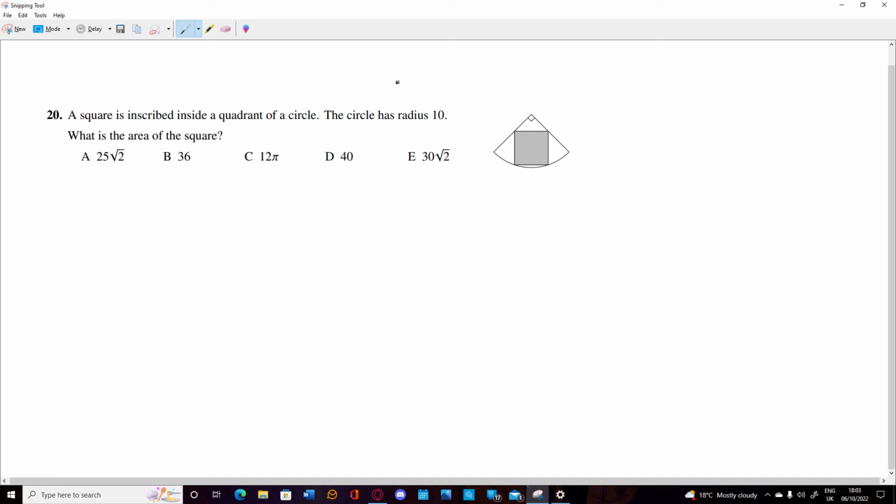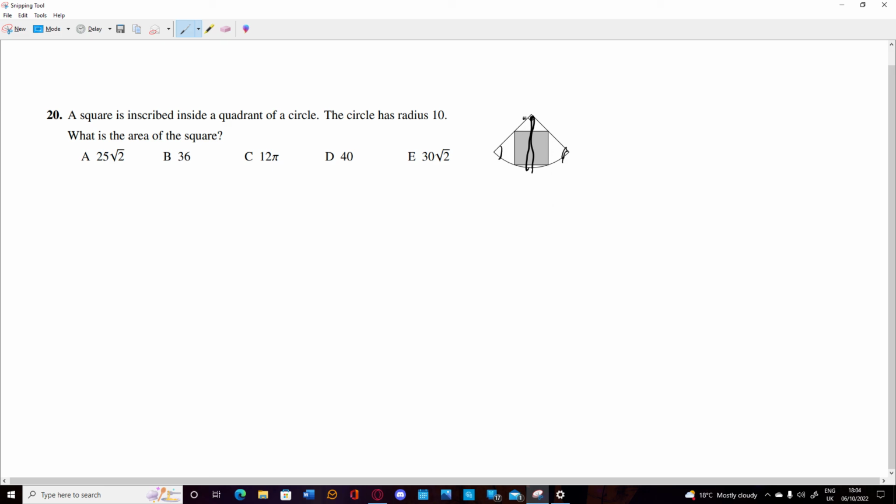Square of blah blah blah. Circle has radius 10. Okay, remember what I said before about geometry problems and just shapes, a lot of things are symmetrical. So this is symmetrical in terms of this angle here being equal to this angle here, and this line here is the bisector of the shape.